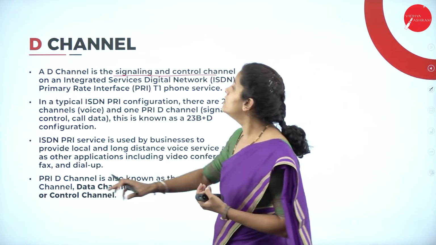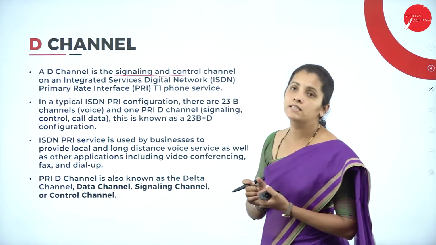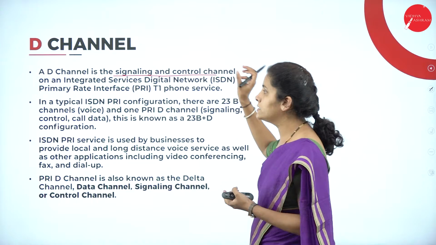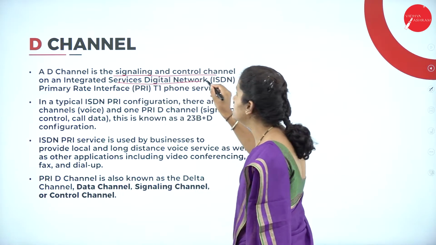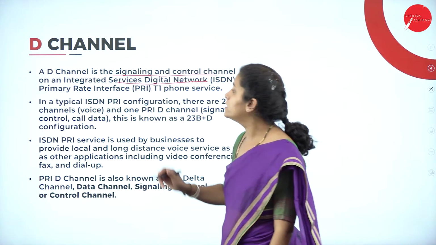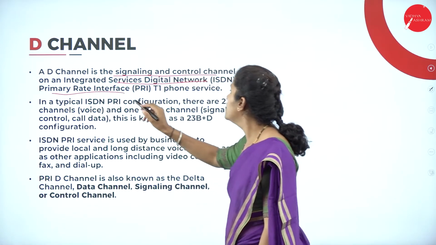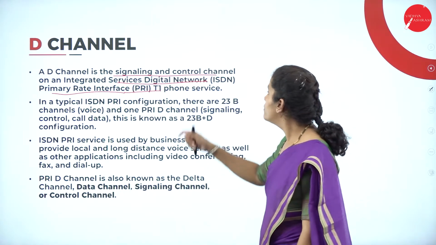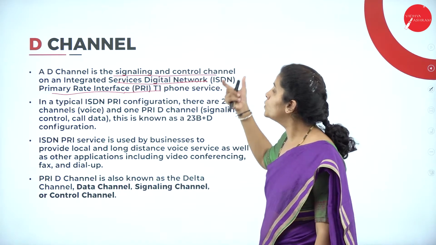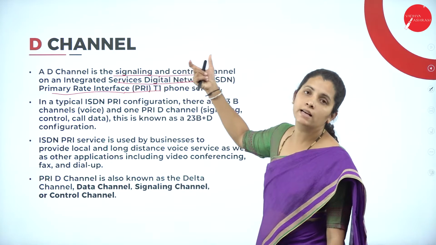So here the D channel is the signaling and control channel on an Integrated Services Digital Network, and that uses PRI, that is, we are going to use T1 phone service of the Primary Rate Interface to carry the signals and controls.